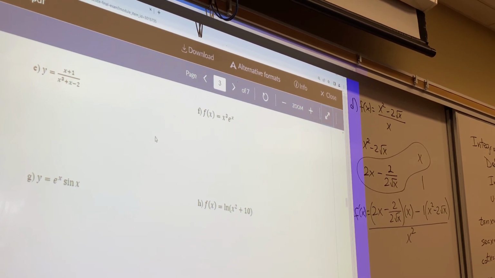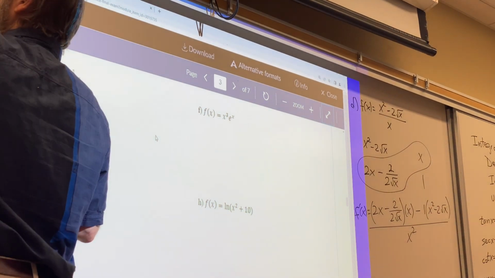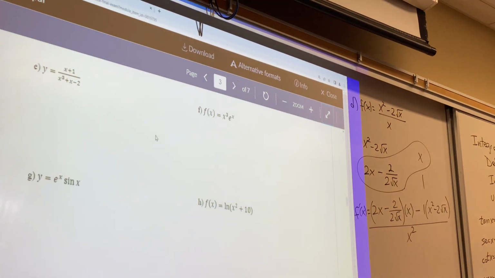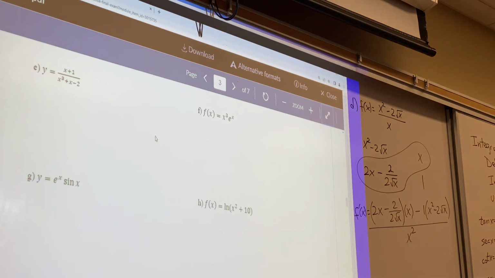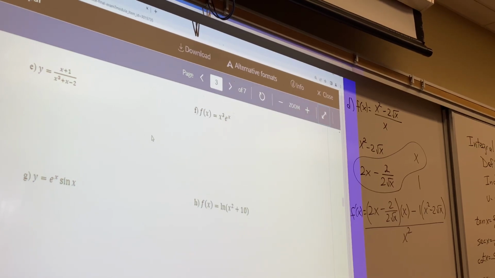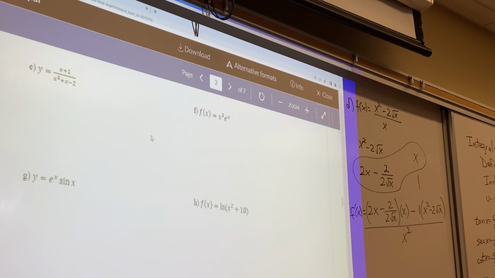Another quotient rule. So we have our top and bottom. What's the derivative of x plus 1? Just 1. And here, 3x squared plus 1. So y prime is going to be 1 times x cubed plus x minus 2, minus the other one, all over x cubed plus x minus 2, squared.